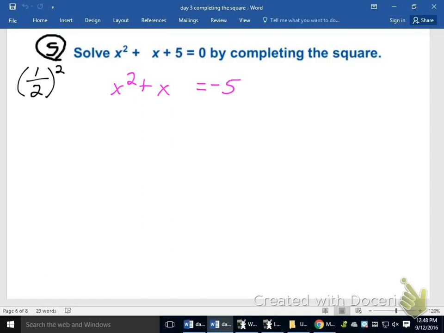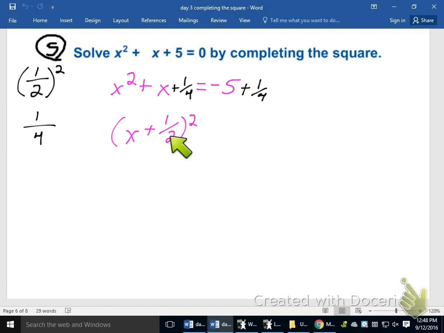1 over 2 can't simplify. 1/2 squared is 1/4. 1 squared is 1, 2 squared is 4. I'll add that to both sides. Plus 1/4, plus 1/4. On the left side, this will factor to x plus 1/2 squared. Remember how it's always that b over 2 value.